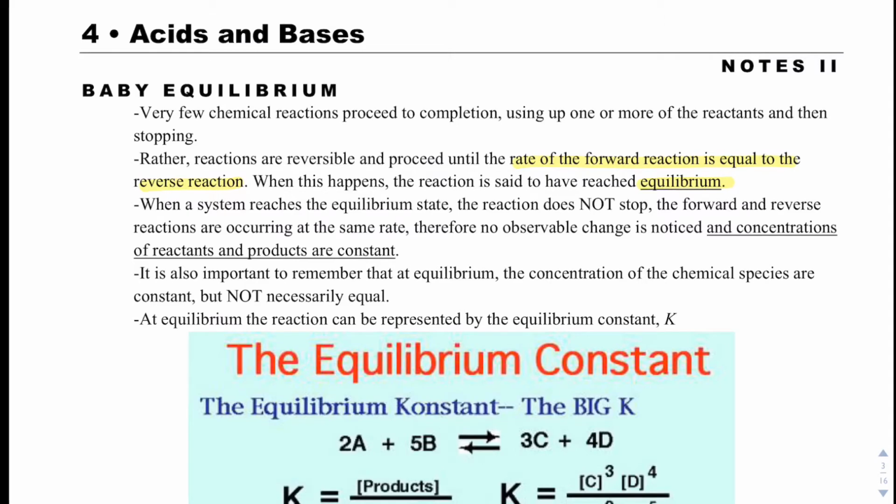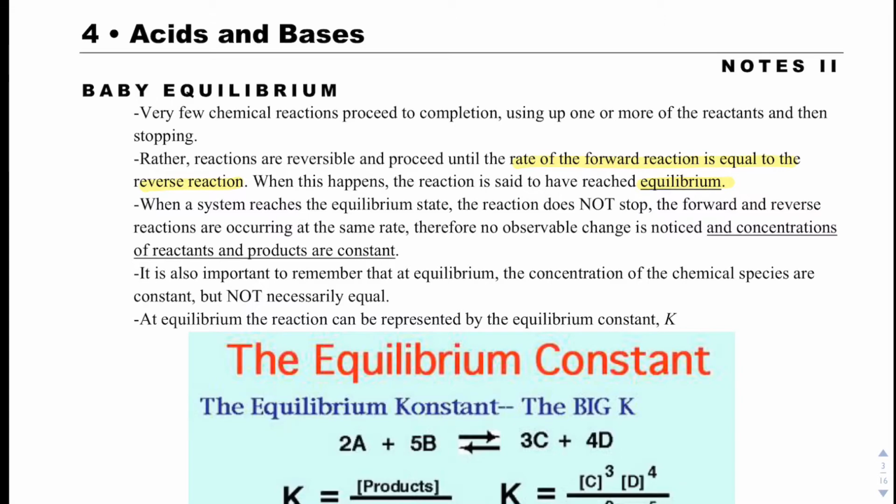They just appear to stop because the forward reaction and the reverse reaction are at the same rate. And so I always, in class, I would say something like, imagine you're on the highway and you're driving and you look over and the car next to you appears to not be moving, and that's because you would be at the same rate, but in reality, you are both moving.